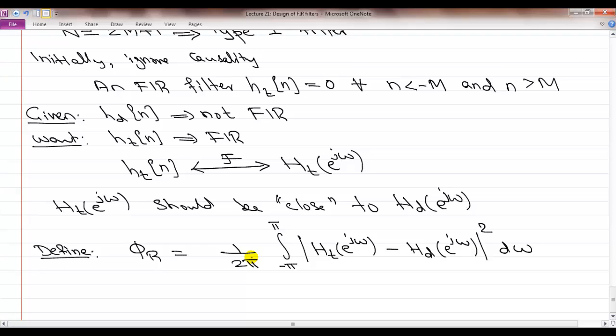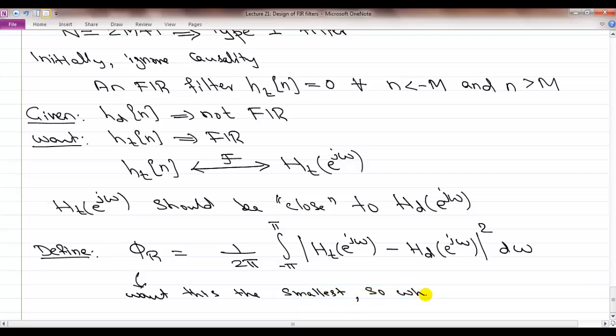So if ht was exactly equal to hd, then this error will be 0. But in reality, you can't make it exactly equal to 0 because you are constraining the impulse response of this ht to be finite impulse response. So we want to figure out how to reduce it, we want this to be the smallest.